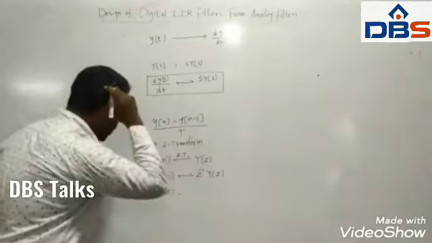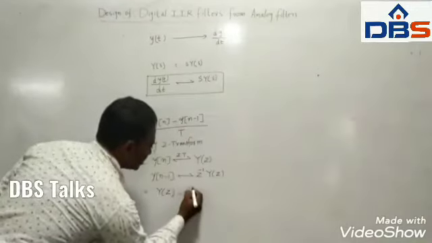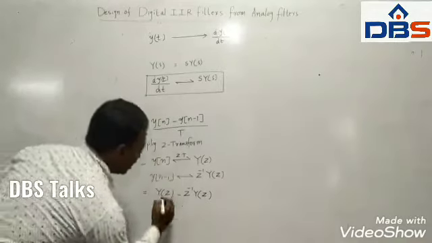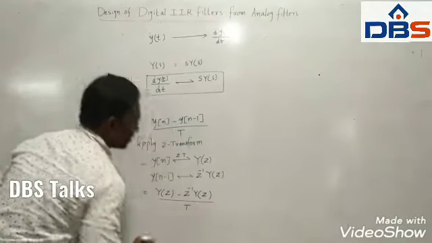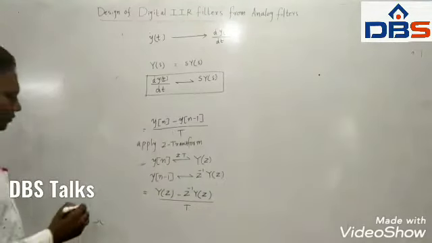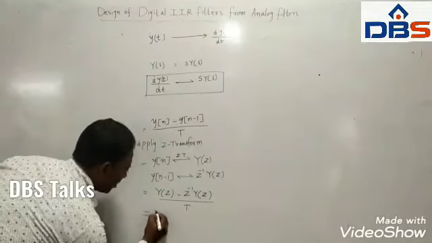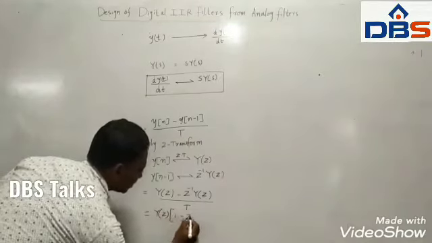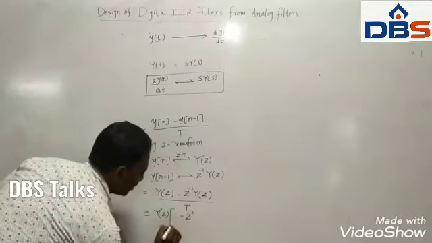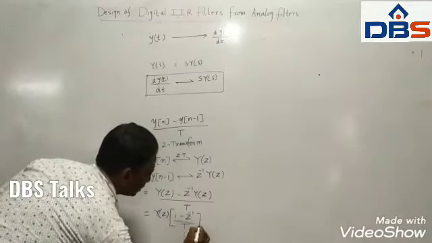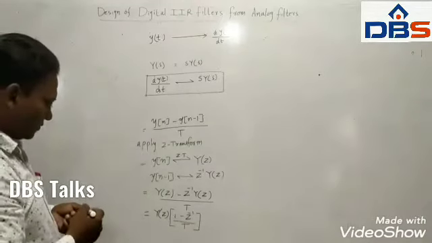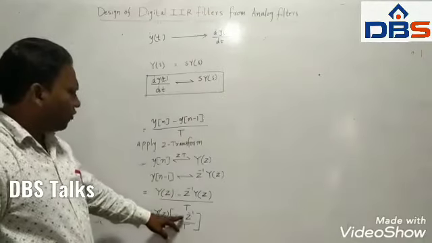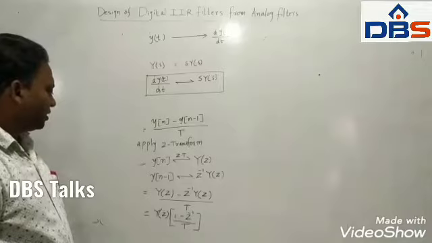For y(n minus 1), the Z transform is z inverse Y(z), divided by T. So you take Y(z) common, and then it is 1 minus z inverse divided by T. This is the useful relation: Y(z) into 1 minus z inverse by T.